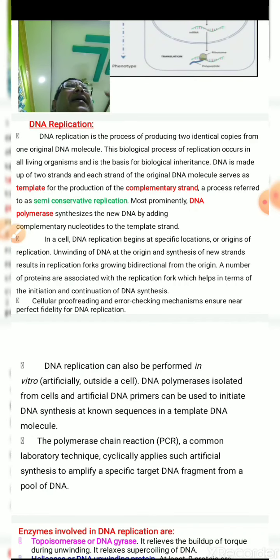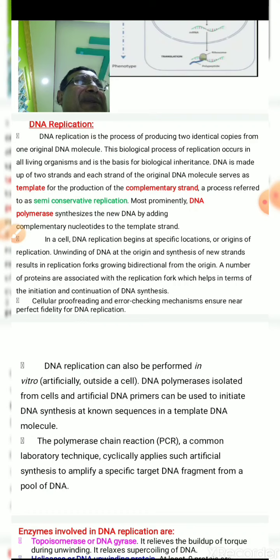DNA replication means from one original DNA, there will be synthesis of two DNA molecules, and this DNA replication is semi-conservative. That is, one strand will be the parental strand, and the other strand will be the newly synthesized daughter strand.